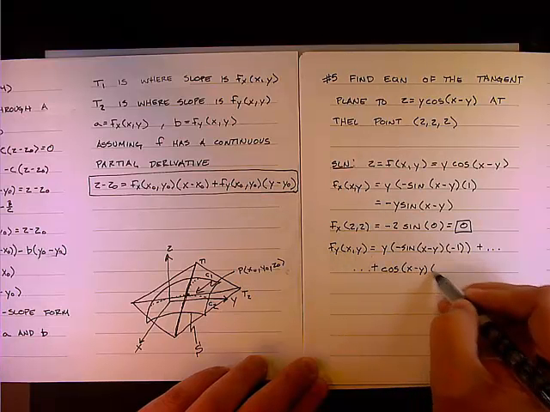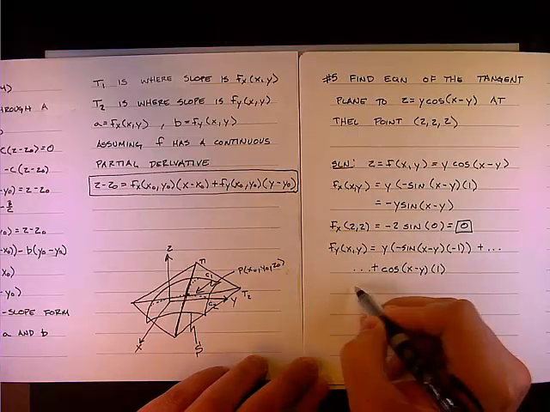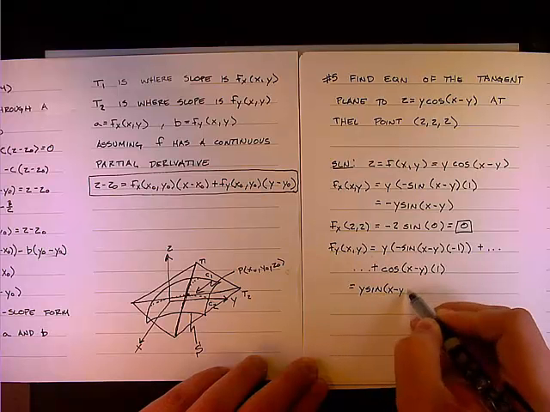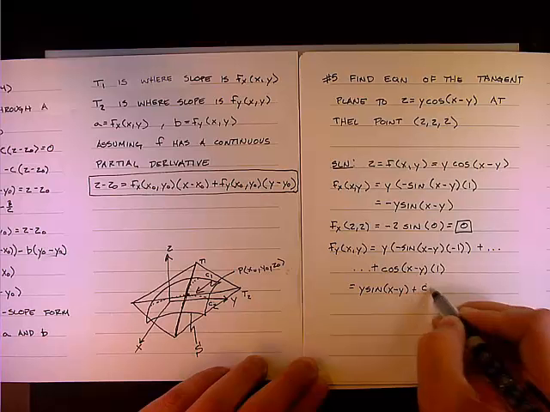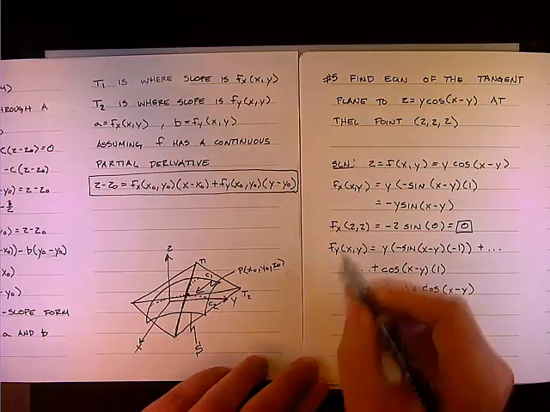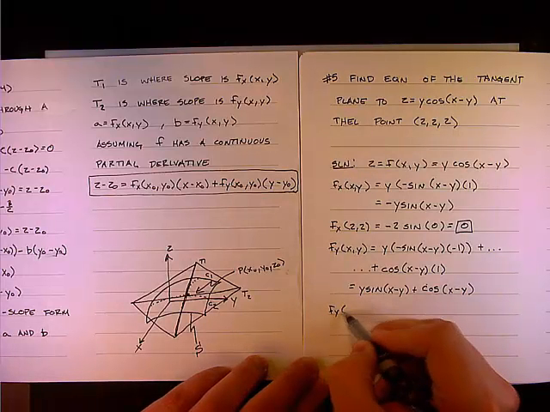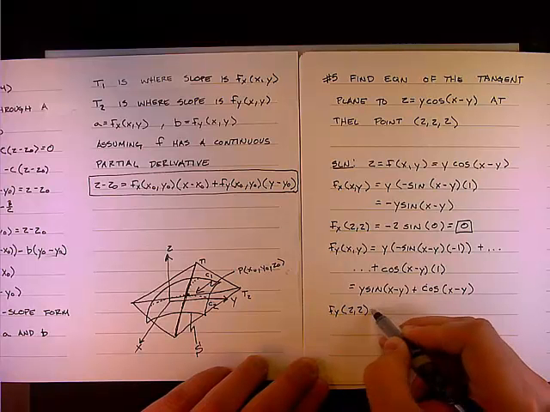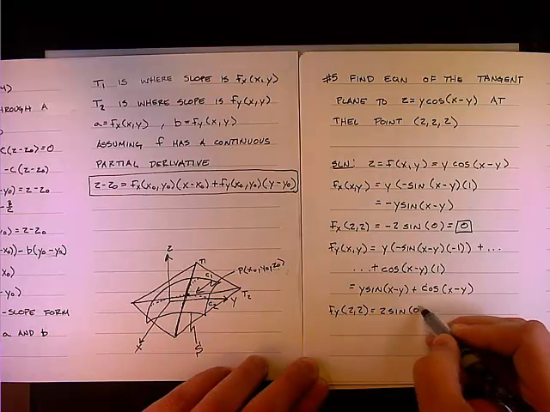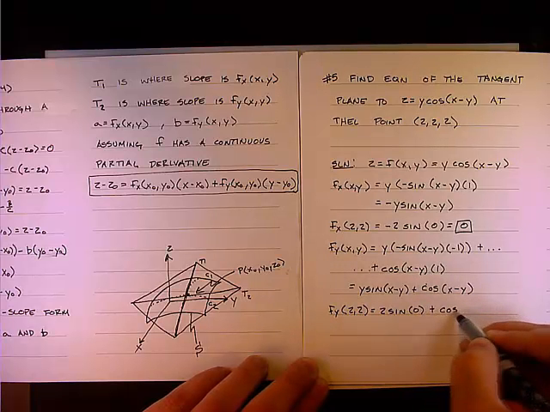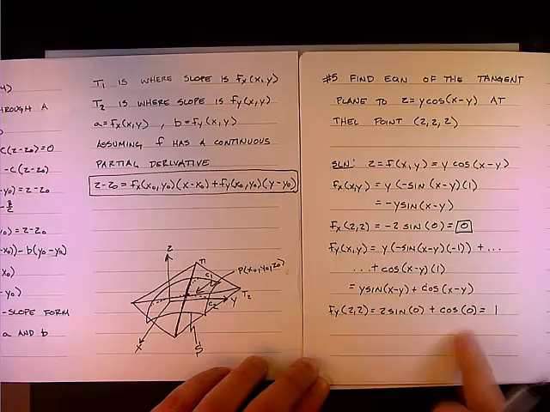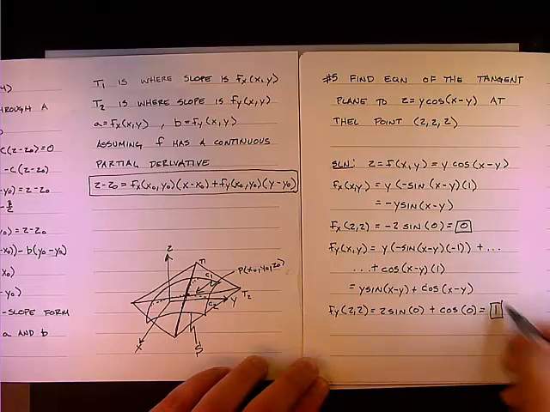And it's going to look like y sine of x minus y times the negative 1 derivative of the inside, and then we're going to be plus the second part, cosine x minus y times 1, which is going to reduce to y sine x minus y plus cosine x minus y.